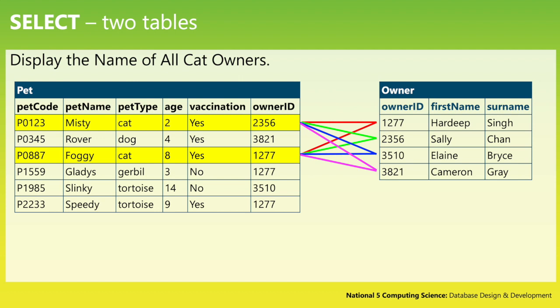When we're writing a query that uses information from 2 different tables, we have to specify the relationship that exists between these 2 tables. The relationship is between the owner ID in the pet table and the owner ID in the owner table, and they have to be equal to each other. The owner ID of Misty is 2356, and that must equal the owner ID in the owner table for Sally Chan.